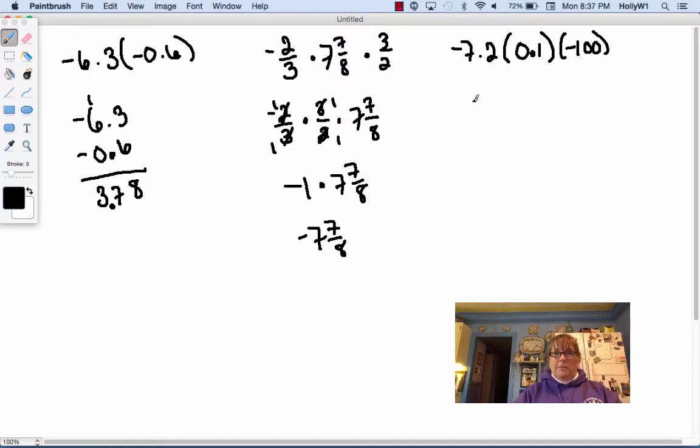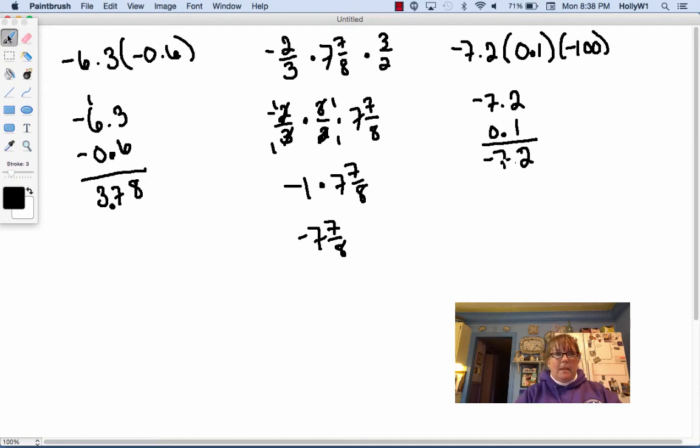All right, let's look at this here. So we have negative 7.2 times 0.1 times negative 100. All right, so let's think about how we're going to do this. Let's just start here. So negative 7.2, and we're going to multiply it by 0.1. Well, 1 times 72 is, it'd be lovely if I could actually erase that.